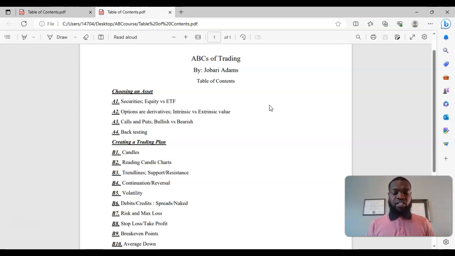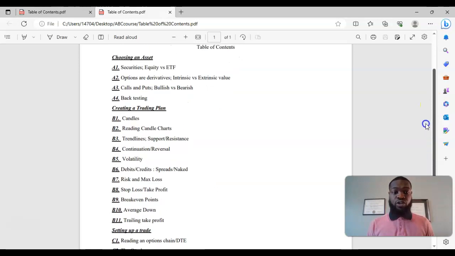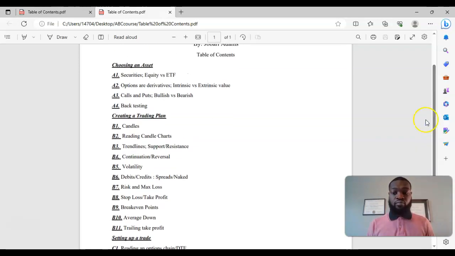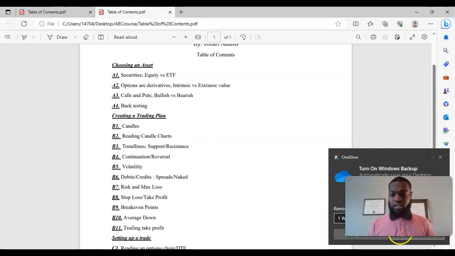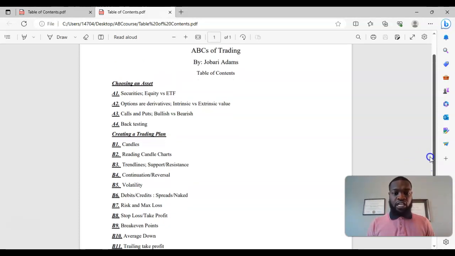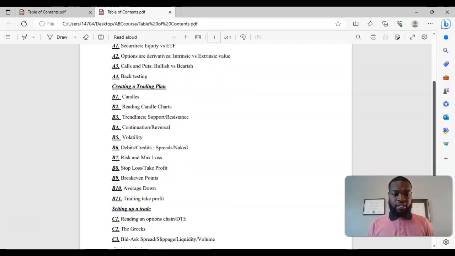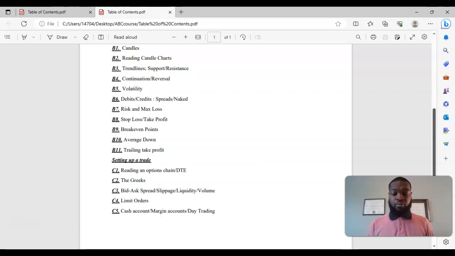They're not necessarily in order from simplicity to complexity. However, they are in some form of sequence as far as what you should know to eventually set up your first trade, or set up a trade the trading ABC way of doing things. Section A is choosing an asset. Section B will be creating a trading plan, and section C will be setting up a trade.